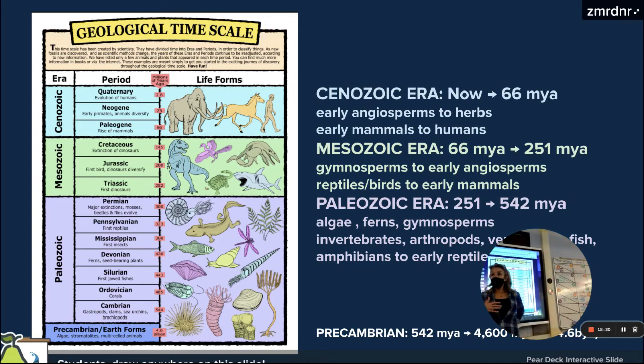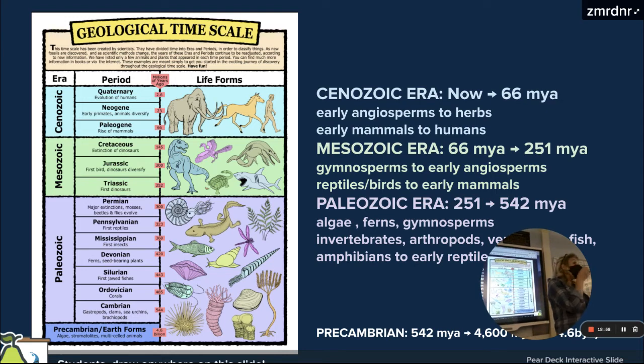Invertebrates. So no spine, right? Flat, soft-bodied worms. And we go all the way up to the beginnings of early reptiles. So there's a lot of transition there because we have to go from invertebrates to vertebrates, right? We need to go to fish and amphibians and then get ourselves to early reptiles. So that's a lot. That's why the very first period of the Paleozoic era is called the Cambrian explosion.